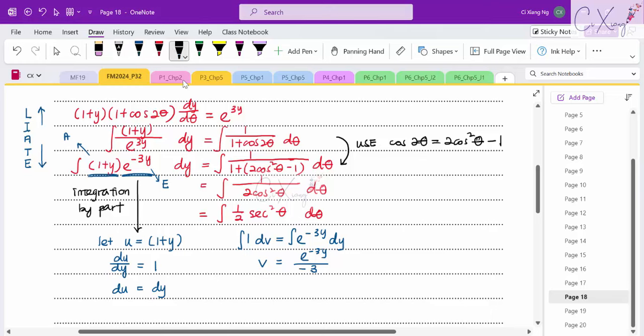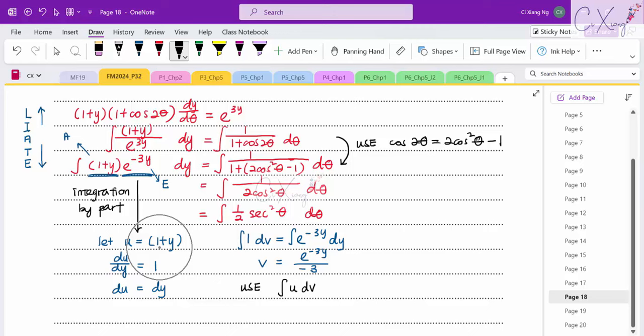Then what is the integration by part formula? When I want to integrate u dv, the u dv is basically my question. The u here is 1 plus y, and dv is this whole thing.